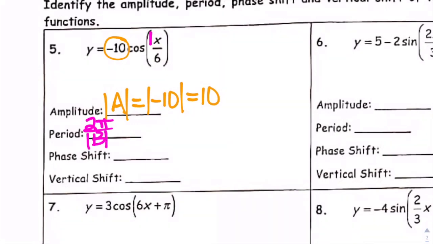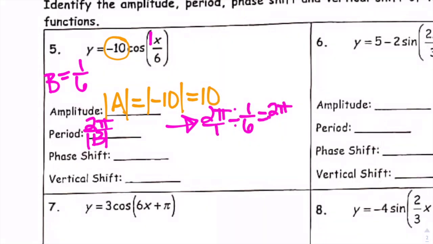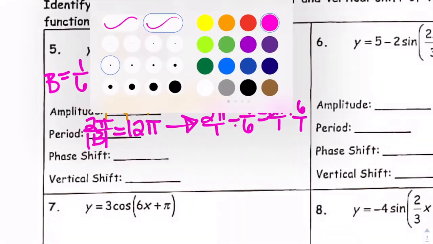This is really a 1x over 6, so our b value here is 1 over 6. So we're going to do 2 pi over 1 divided by 1 over 6, or 2 pi over 1 times 6 over 1, which gives us 12 pi as our answer.